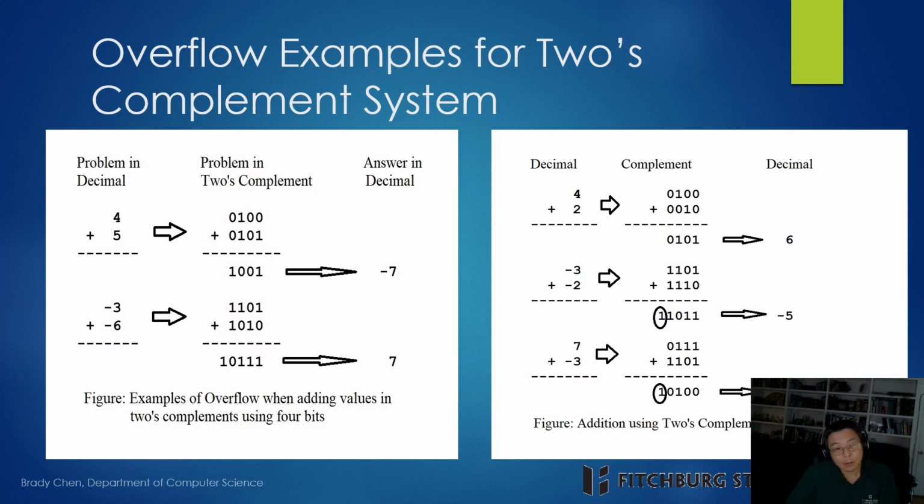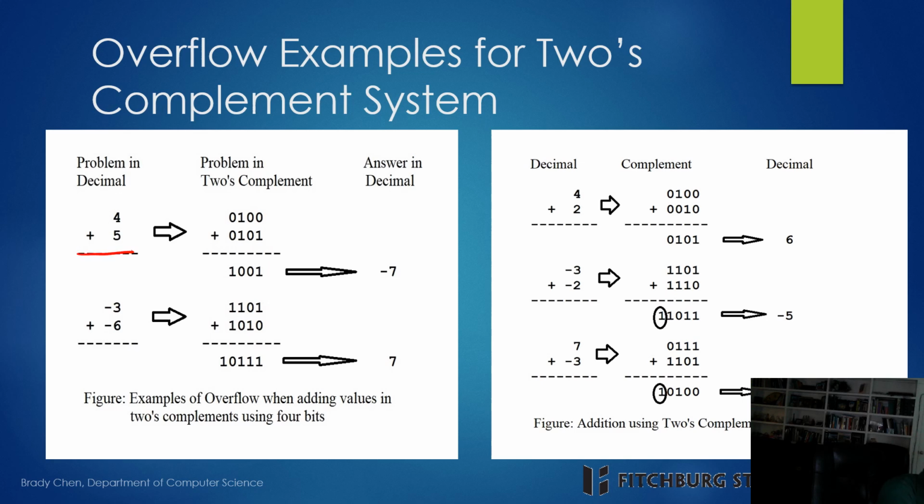Now let's take a look at the left side. Now suppose we use a 4-bit system. Suppose we want to add two numbers using the 4-bit system. Now you want to add two numbers, 4 and 5.